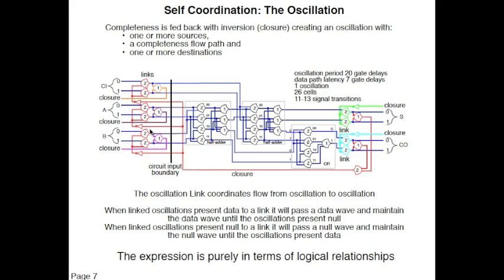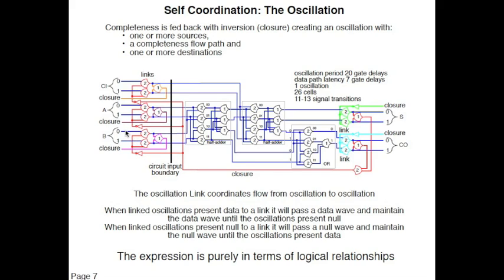And once a data wavefront plays through the 2 of 2 gates, as long as this remains data, these 2 of 2 gates will maintain the data wavefront as it plays through the circuit, until we get data completeness out here. The done signal becomes data, and then it gets inverted to null, and will allow a null wavefront through.